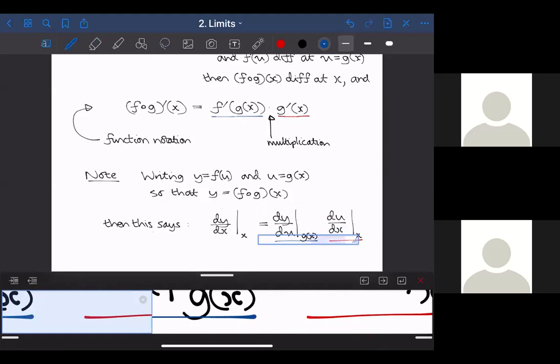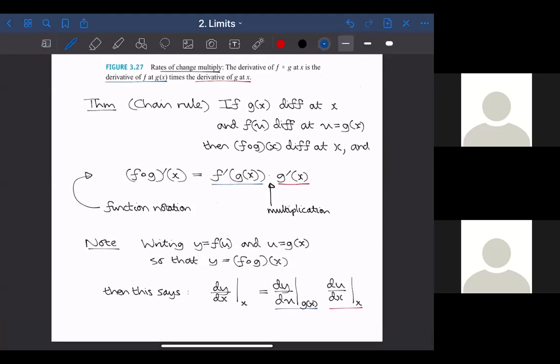So that's the blue bit. And as before, I multiply these together.